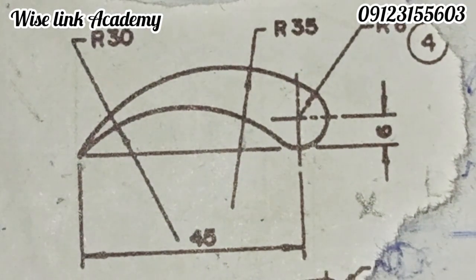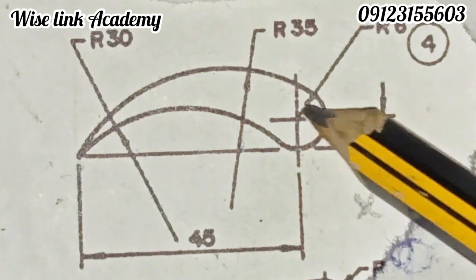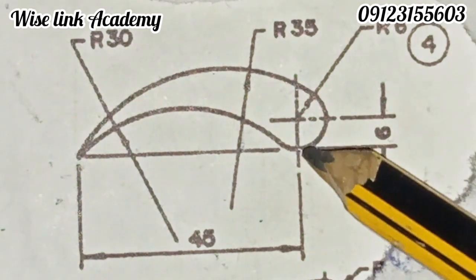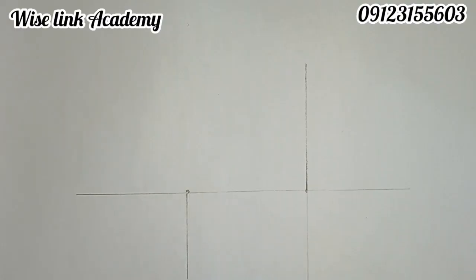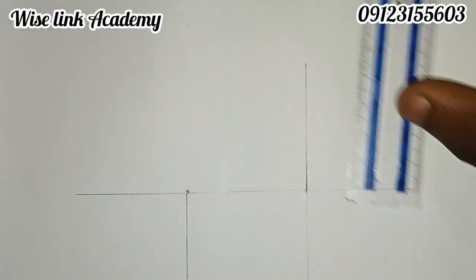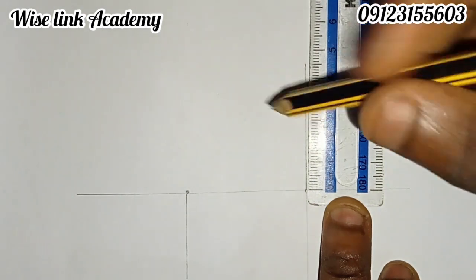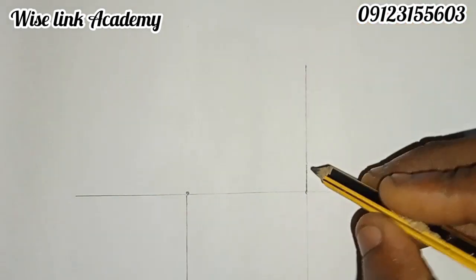I'm going to measure 6 upward from this point to this point. See, a difference of 6. So from this point, measure 6 upward. Let's do that. You take a meter rule, measure 6. This is my point 6.